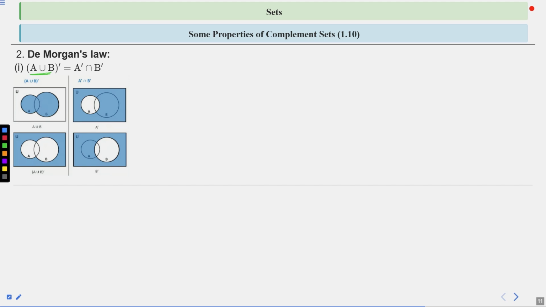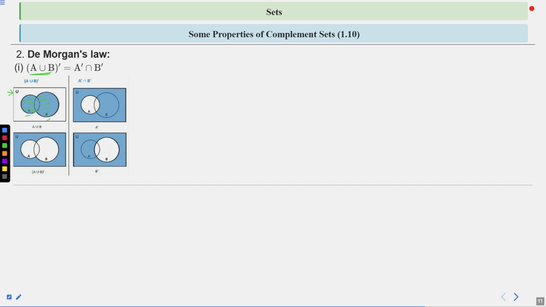You have your universal set and two subsets of U, A and B, represented by these two circles. A union B represents this blue shaded area, which covers both A and B parts. Clear?